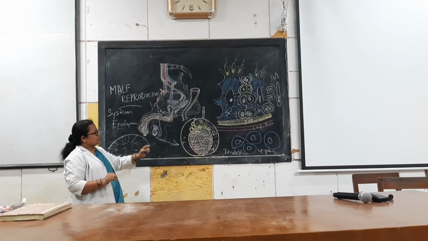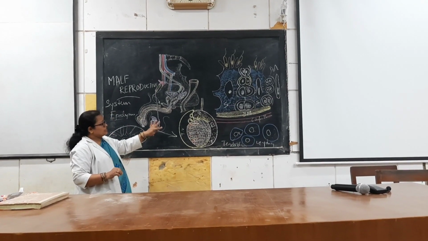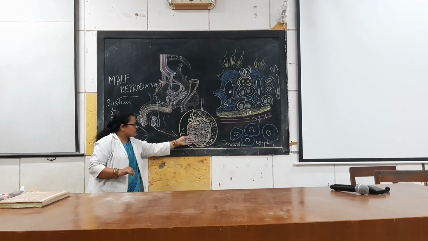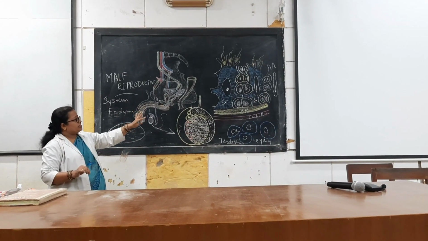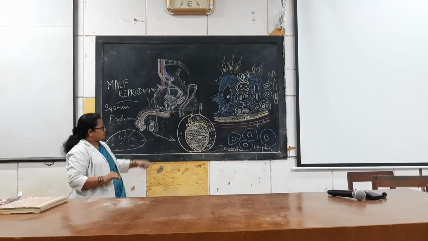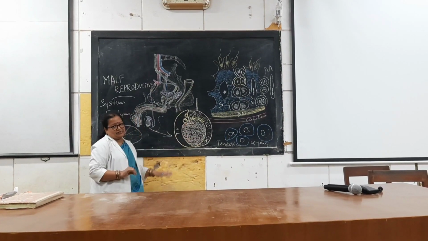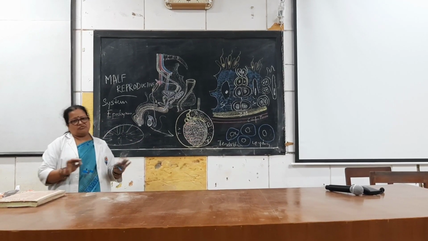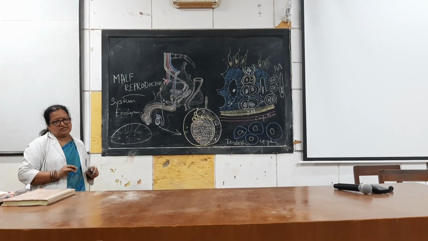But when you see the cross section of the seminiferous tubules, you find the lumen is clear, because in the seminiferous tubules the sperms have not attained motility. Let me show you the diagram. The lumen of the seminiferous tubule is clear, but the lumen of the epididymis is filled with motile sperms.